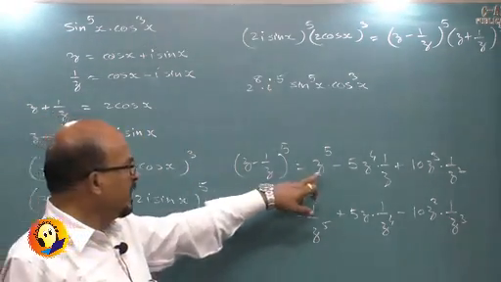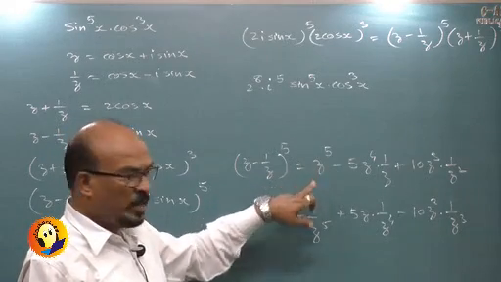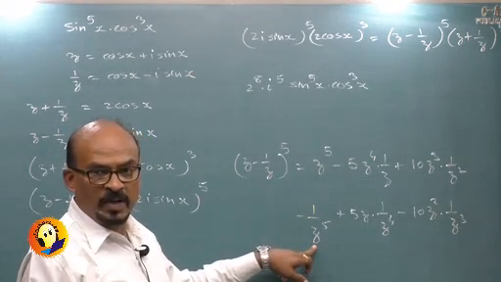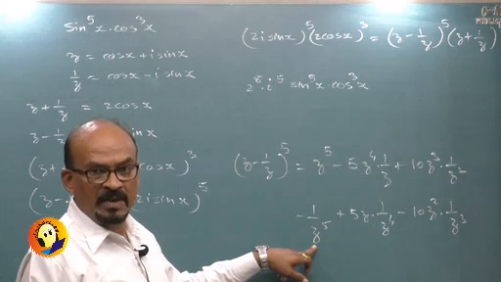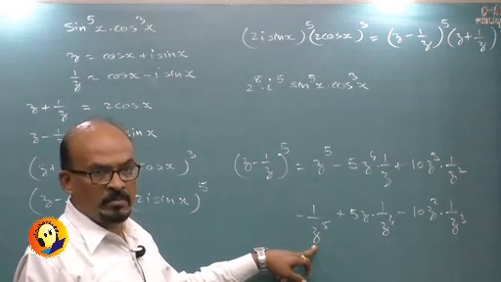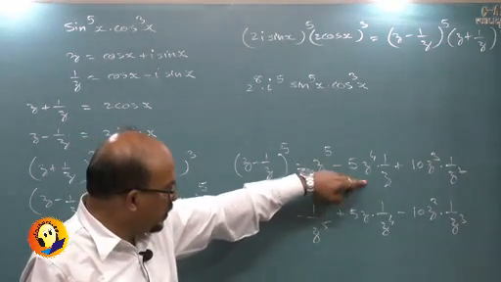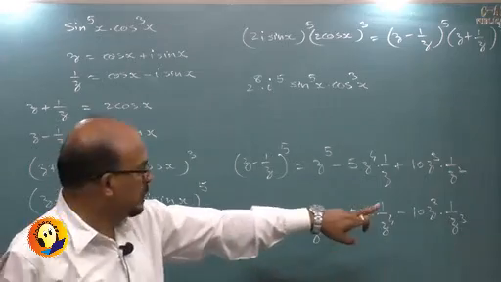What happens is z raised to 5 minus 1 upon z raised to 5, that will be 2i sin 5x. Similarly, this is cube and cube. Similarly, these two.